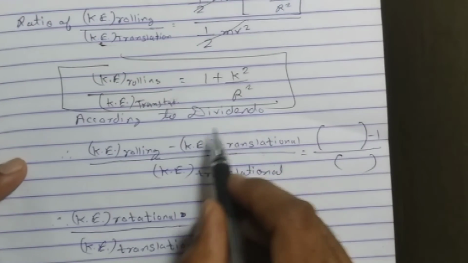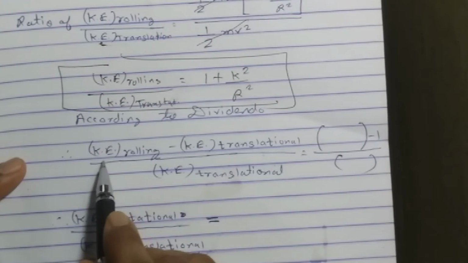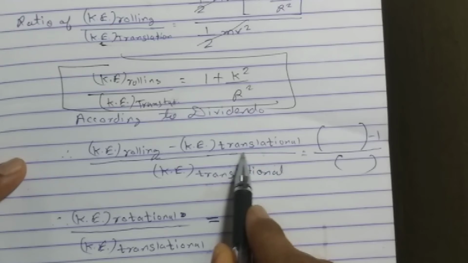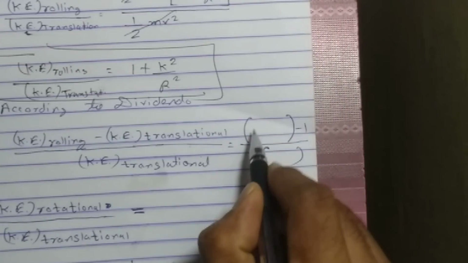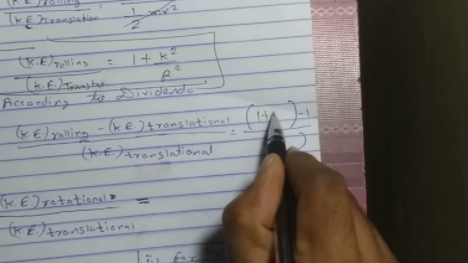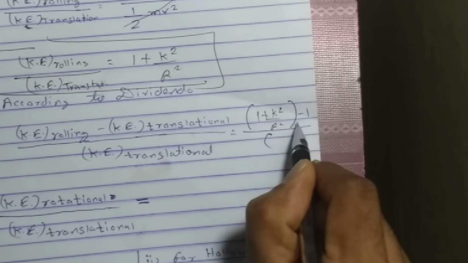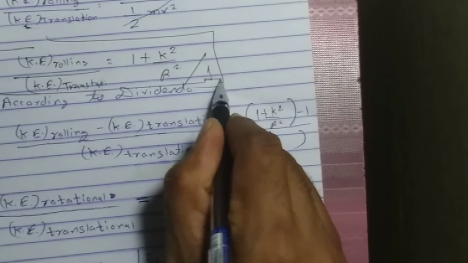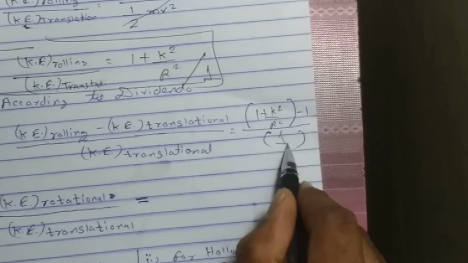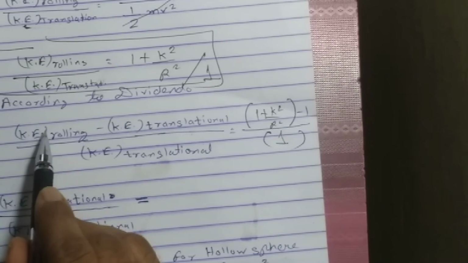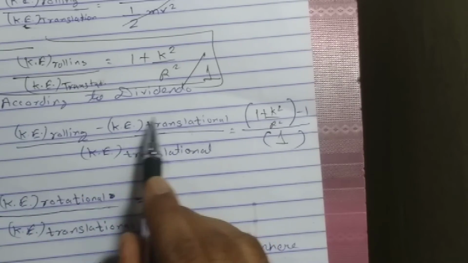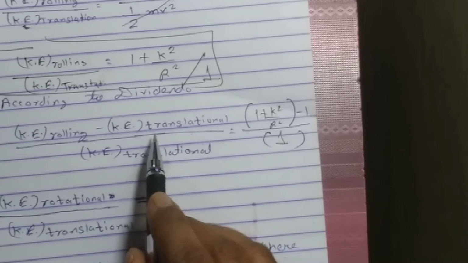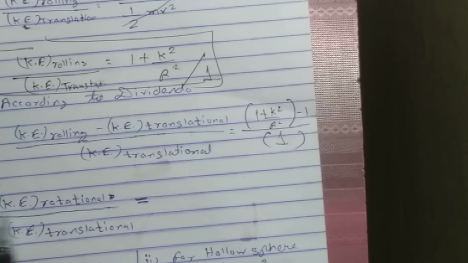If I apply dividendo, the kinetic energy of the rolling body, that is numerator minus denominator. What is the numerator? 1 plus k square by r square, minus the denominator, which is 1 upon 1. So here we observe that rolling kinetic energy minus translational kinetic energy will give us rotational kinetic energy.